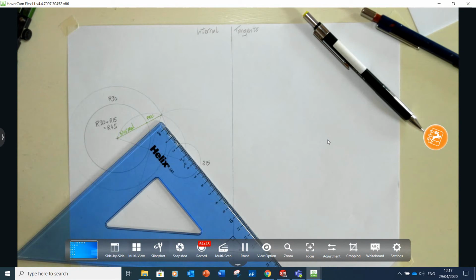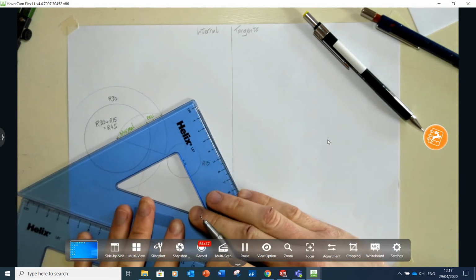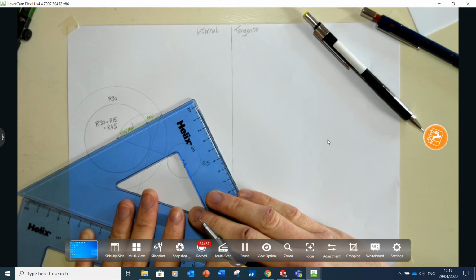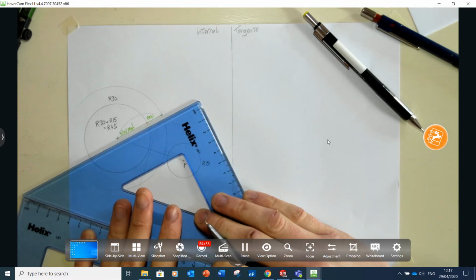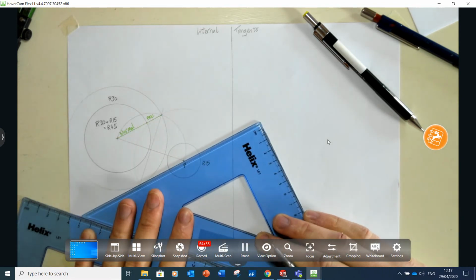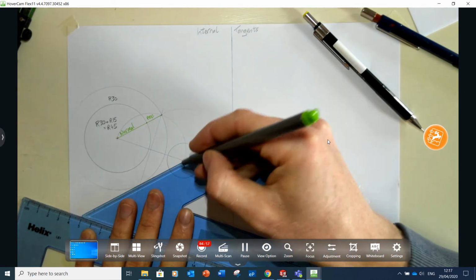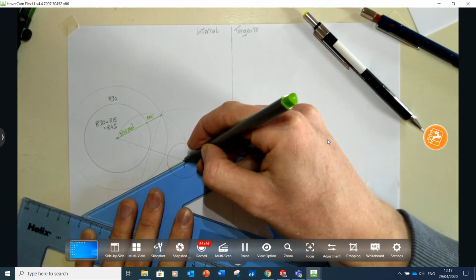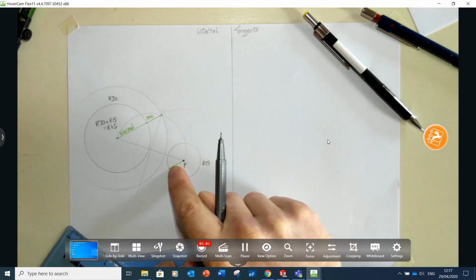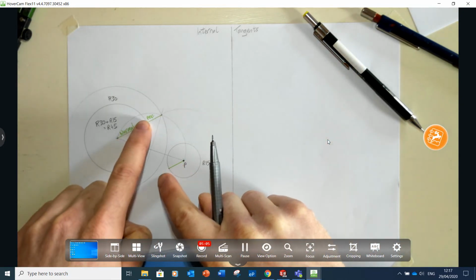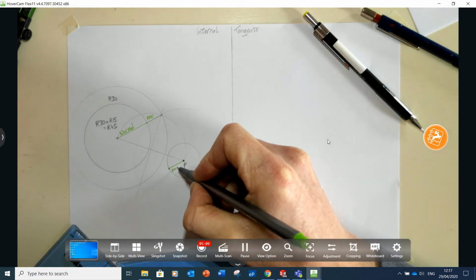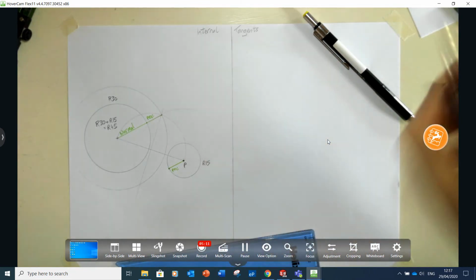We are then going to get our sliding set squares, and we're going to draw a second normal. Now this time we're going to draw the normal from the centre down. Okay, so the two normals are going opposite ways to one another. And that is going to give me my point of contact.